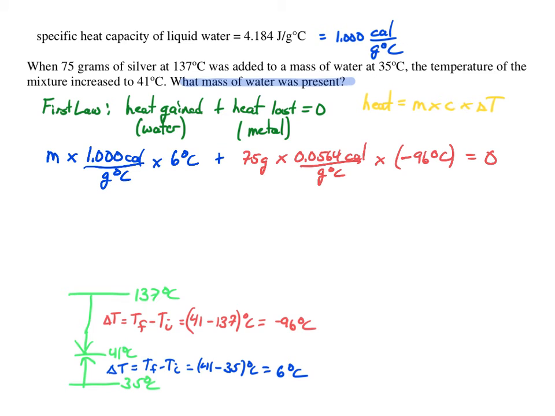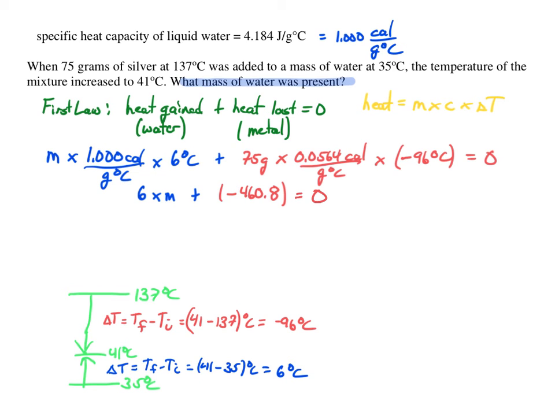Okay, we're going to do our calculations, and for the moment, ignore units. So we have 6 times the mass plus a negative 460.8. And we get that value from multiplying 75 times this number times minus 96. All of these values together need to sum to 0.